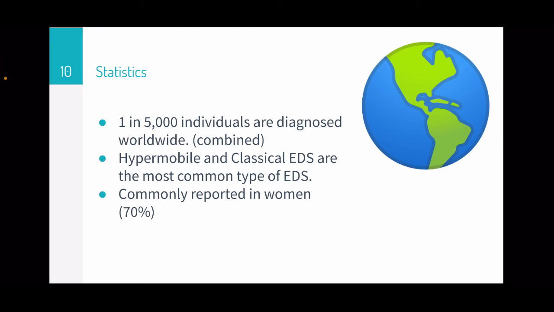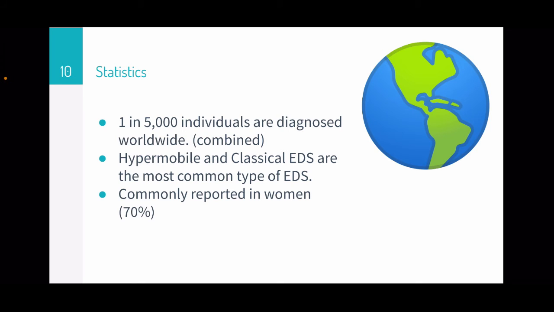All right, now on to statistics. There is 1 in 5,000 individuals diagnosed worldwide, but that's just the combined statistic for all 13 types. The statistics can get more specific between each type, but that was the general statistic for this disorder.